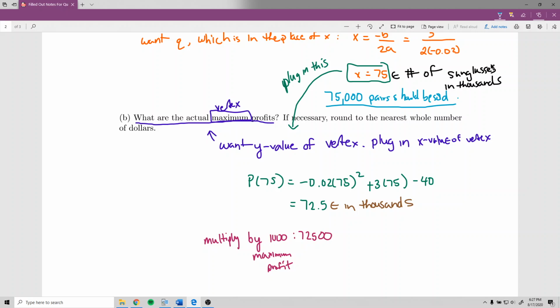If you round first, then multiply, you would round this to 73, so it'd be 73,000.